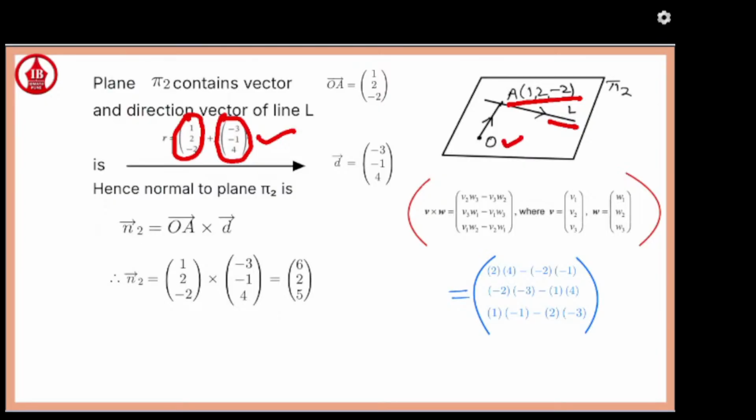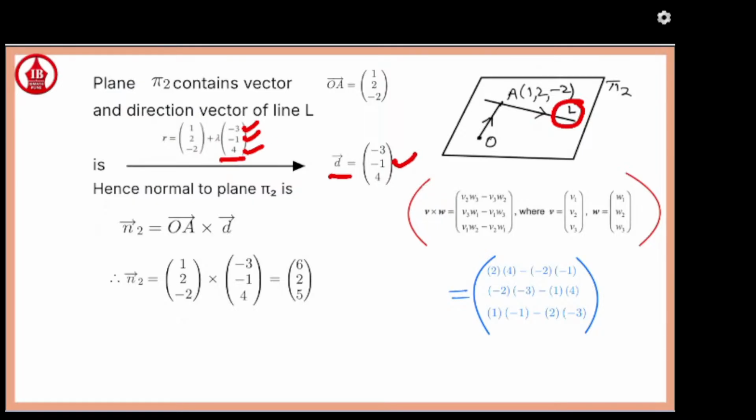So line L has this point A (1, 2, -2). Using the coordinates of O (0, 0, 0) and the coordinates of A, we find the vector OA, the position vector of the point A. Then the direction vector of this line L is (-3, -1, 4).